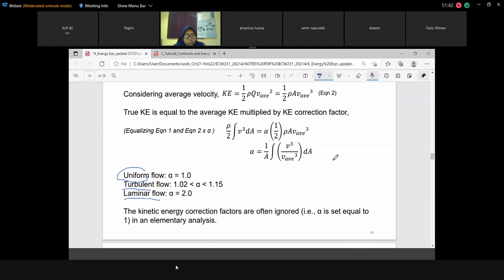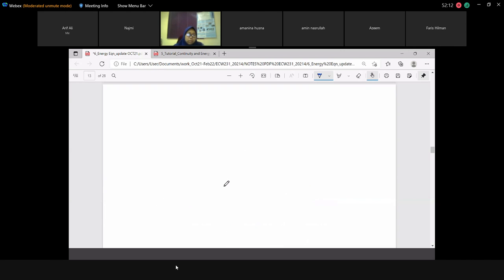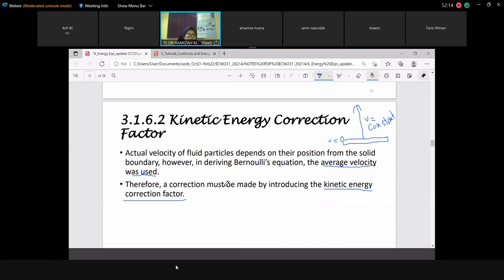Okay. So, however, this kinetic energy correction factor is often ignored. Okay. Maksud ignore ni adalah the correction factor is set equal to 1 in an elementary analysis. Okay. Boleh maksud dia kita nak bagi tahu there is a kinetic energy correction yang melibatkan velocity.